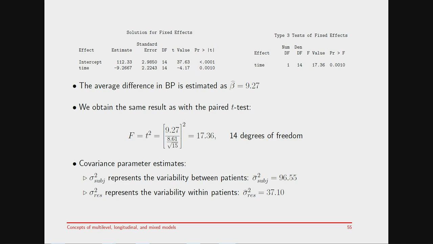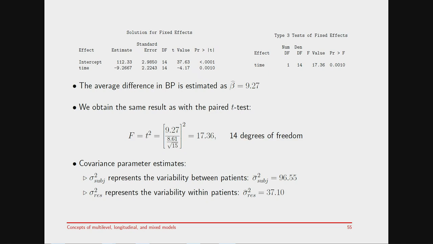You will notice that the F-test statistic, 17.36, is exactly the square of the t-statistic from your paired t-test. So you take your paired t-test statistic. What is that? It's your estimate divided by the standard deviation over the square root of n, and n is then 15, because you have only 15 differences anymore.